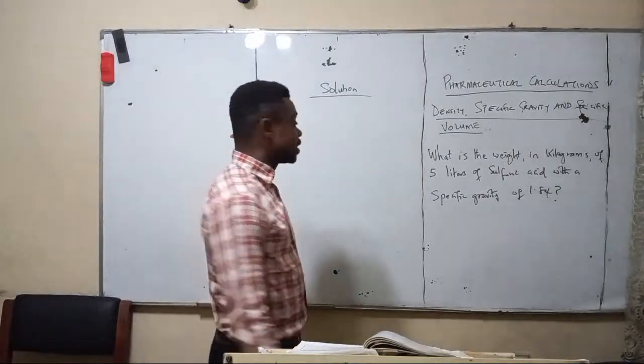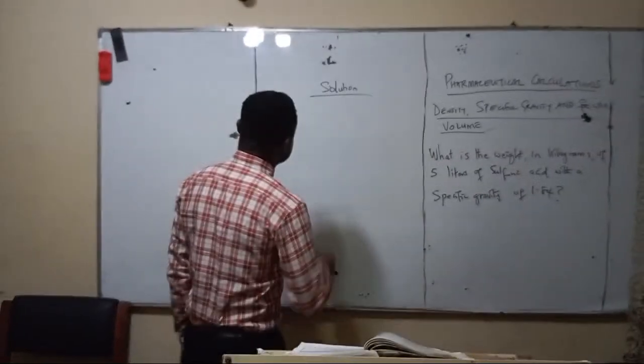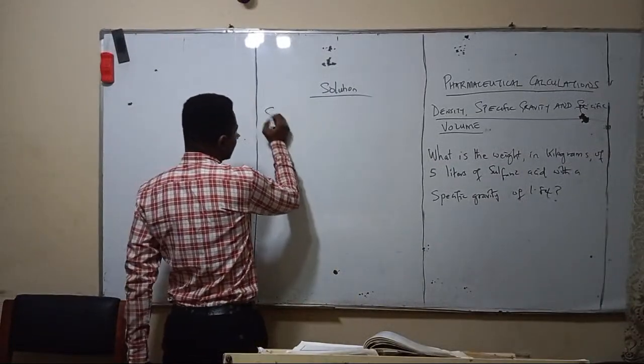Let's solve this question now. Specific gravity is denoted with a symbol.